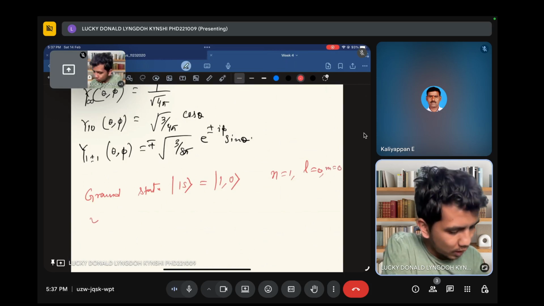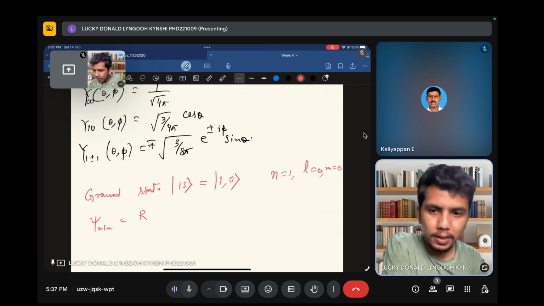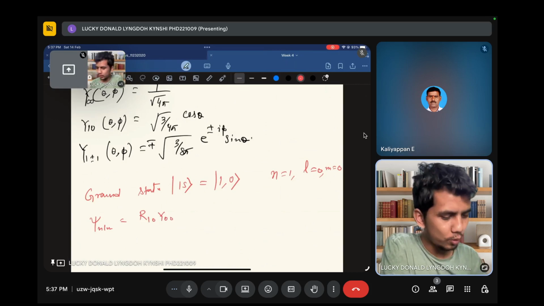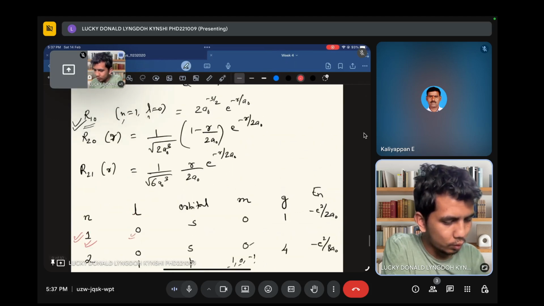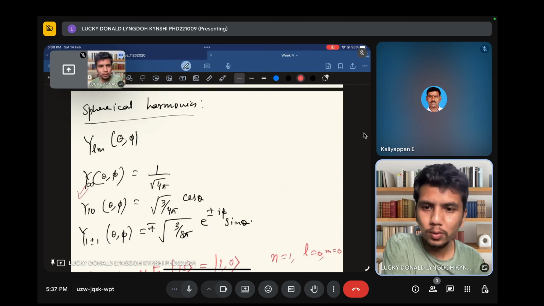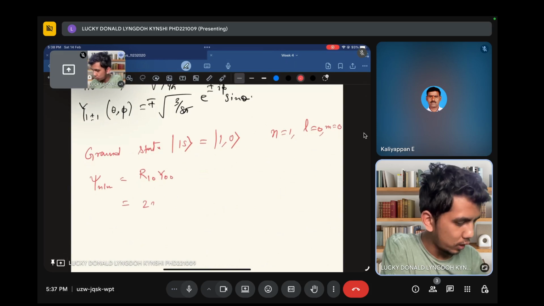Okay, so psi of n L m now will be equal to R of n L times Y of L m. n and L will be 1, 0, and L and m will be 0, 0. Okay, so now you know R10 is given to you here, and Y00 is also given to you. So you can easily substitute here, which is equal to 2 a0 to the power minus 3 by 2 e to the power minus of r divided by a0.